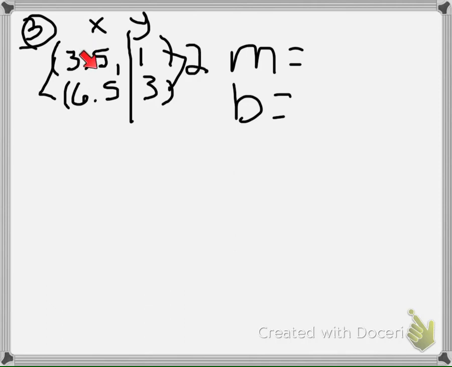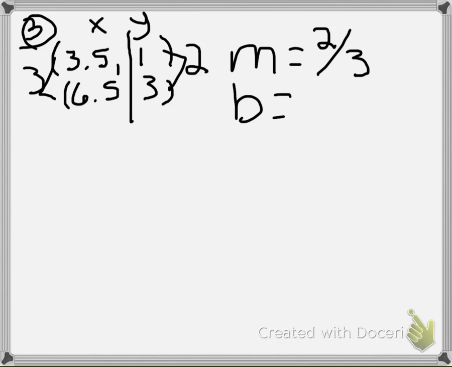Change in X. 3. M is the change in Y over the change in X. Normally we divide, but all it's going to give us if we divide is 0.6666666666. So we're just going to leave this as 2/3. 2/3 is a division problem, but it's also a fraction. We have our M. M is 2/3.